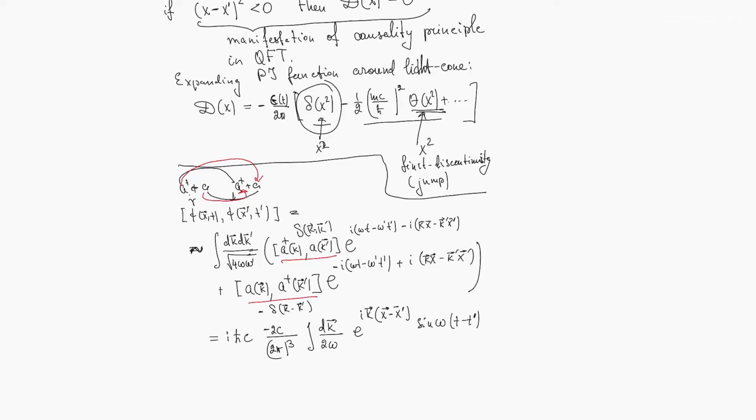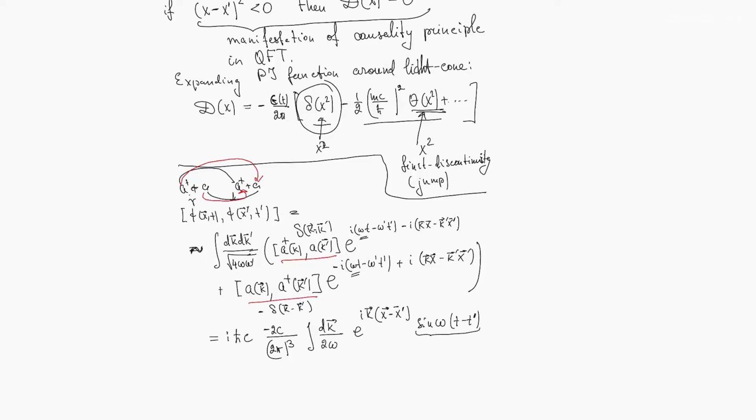This is what you will get because of the minus sign, so you can combine the terms with exponential i omega t and exponential minus i omega t, which will produce for you sine of omega (t minus t prime).